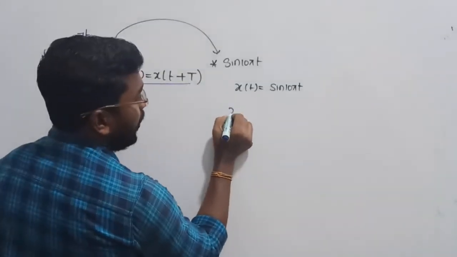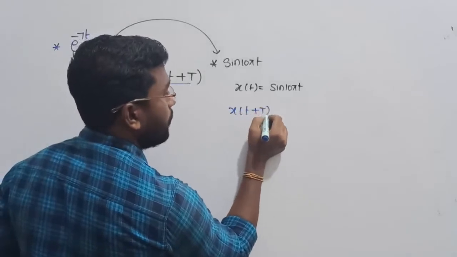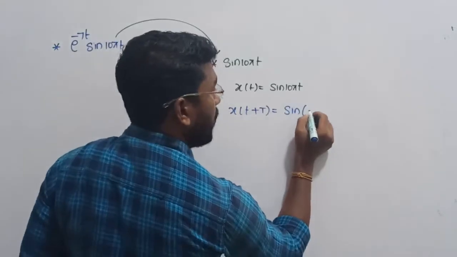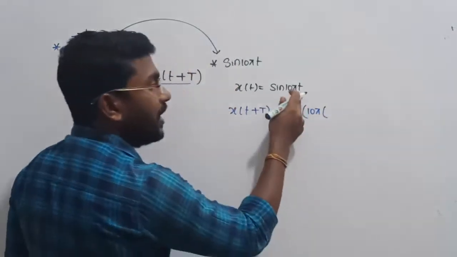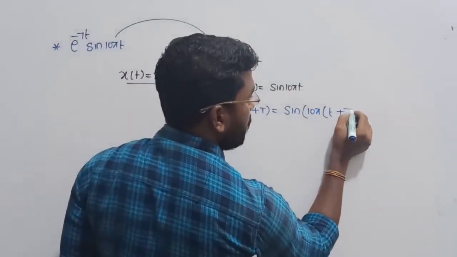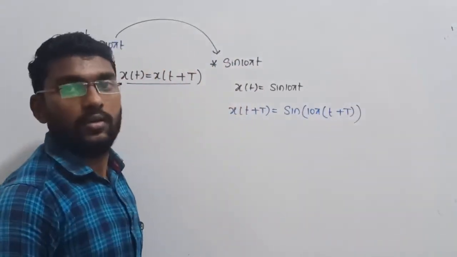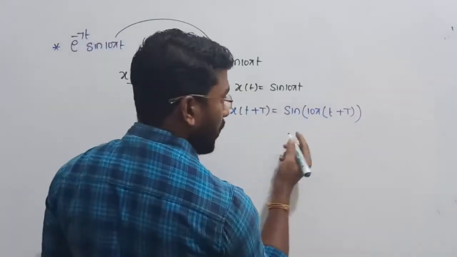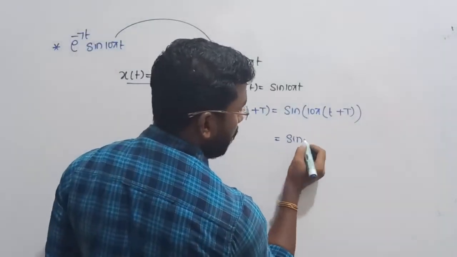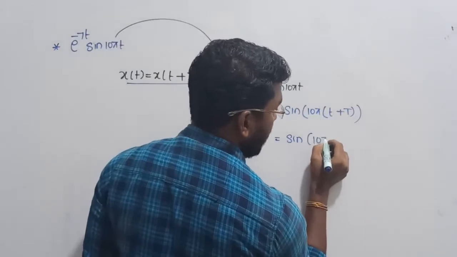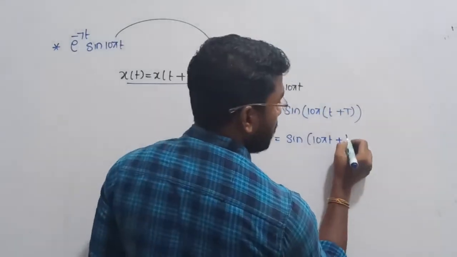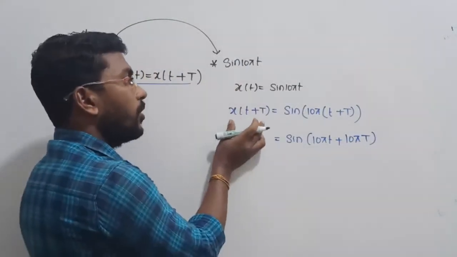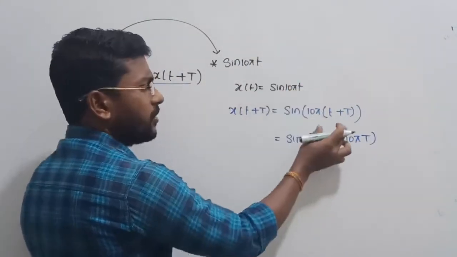For that, I am trying to find out the value of x of t plus T, which is going to be sin of 10 pi, where t will be replaced by t plus T. If I open up the bracket, it will become sin of 10 pi t plus 10 pi times the fundamental time period T. Just see that t will be simply replaced by t plus T.